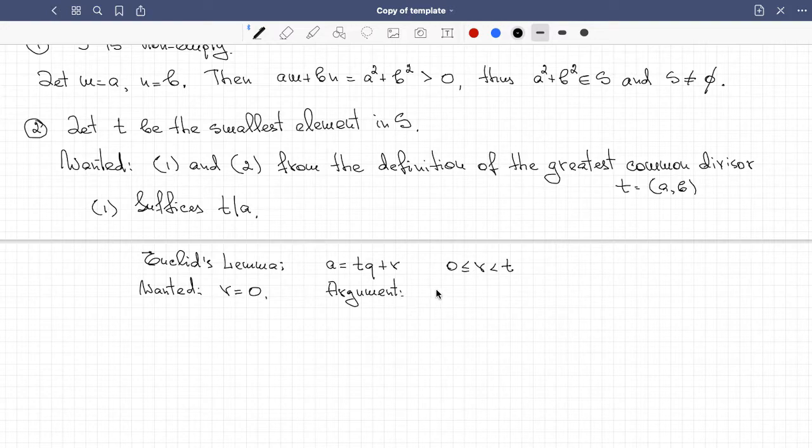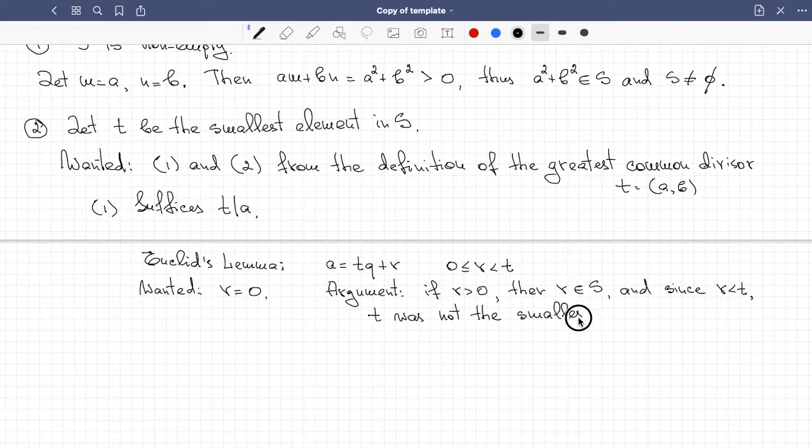If R is not 0, then necessarily positive, then R is an element in S. And since we know that R is smaller than T, T was not the smallest in S. So R bigger than 0 will imply a contradiction.